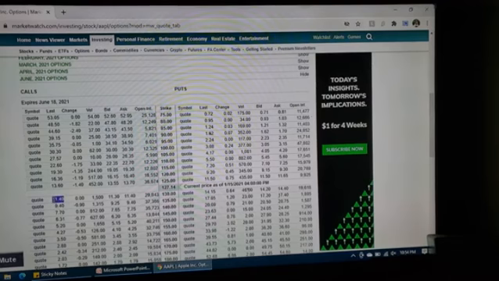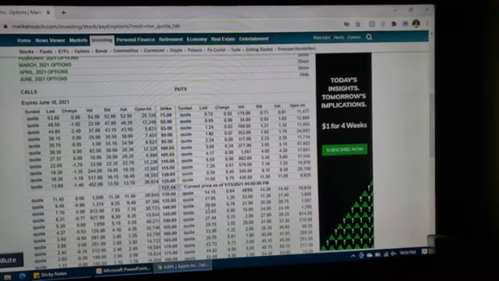So you see 11.4 for 130, 9.4 for 135. Similarly, 125, 120, 115 are in the money for calls and out of the money for puts. The current price has not yet reached their strike price, so the puts are out of the money. I just wanted to show you this once again.